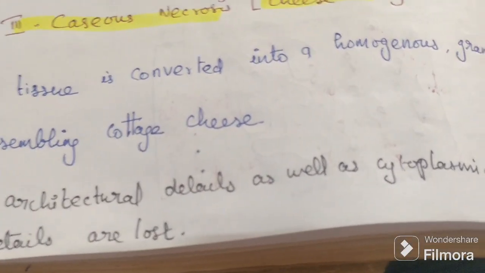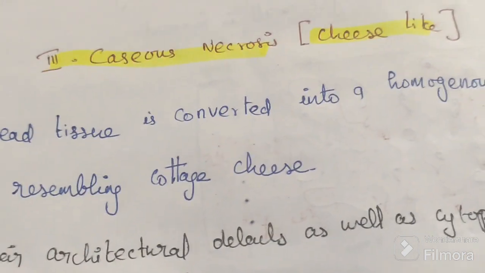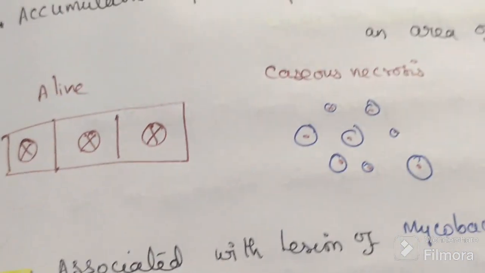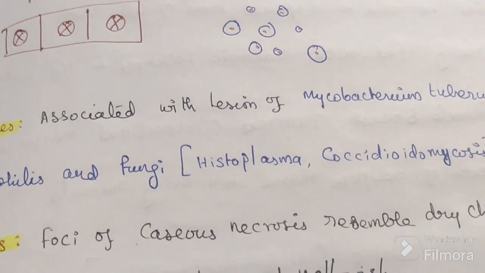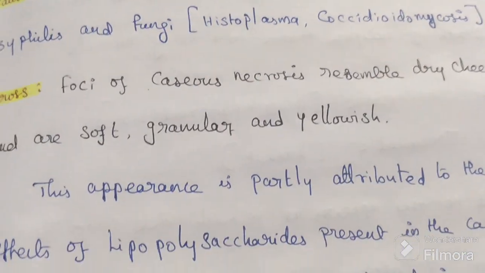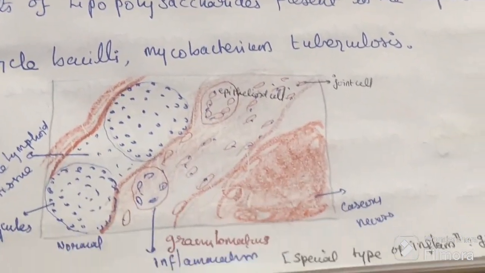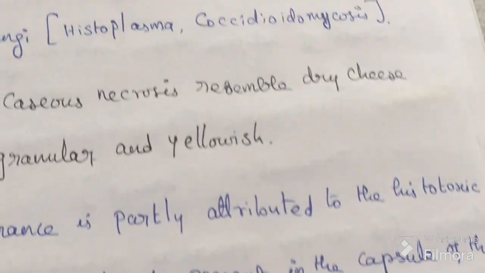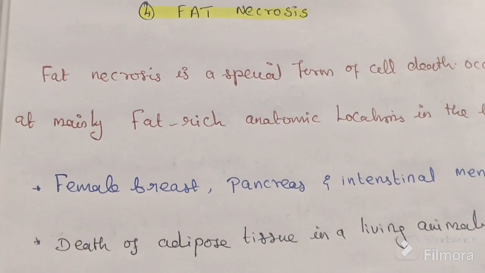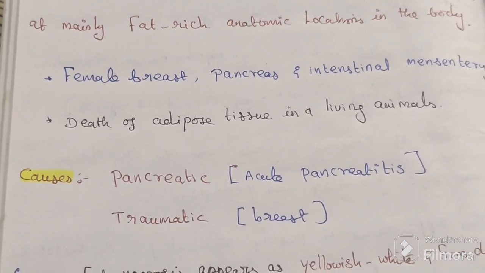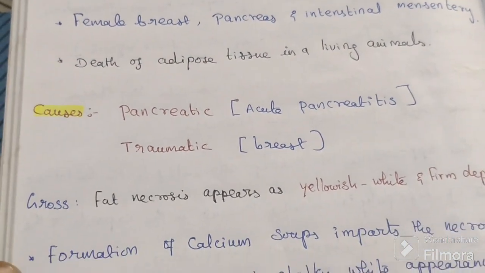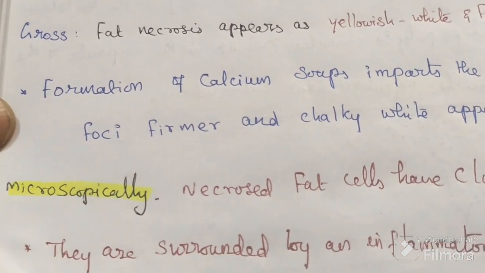Caseous necrosis: two bacteria, two fungi, Mycobacterium tuberculosis, syphilis, Histoplasma, coccidioidomycosis. Next, fat necrosis, in fat-accumulated areas, death of adipose tissue causing fat necrosis.